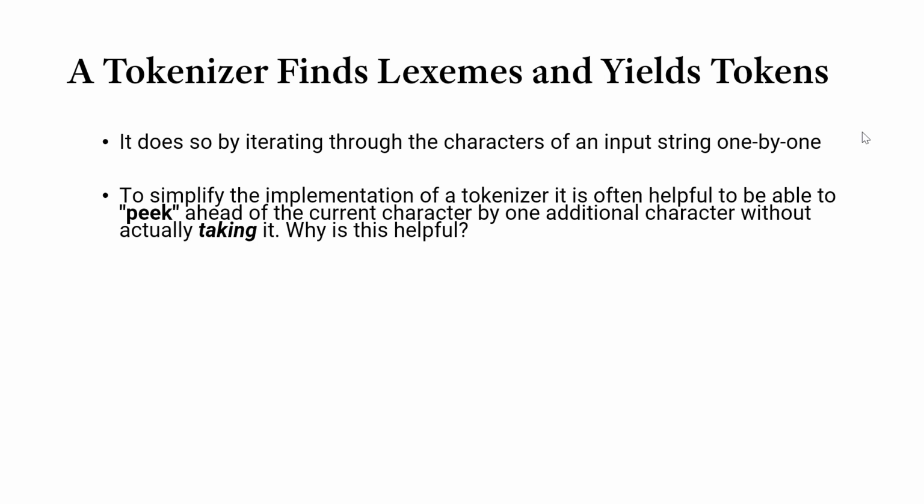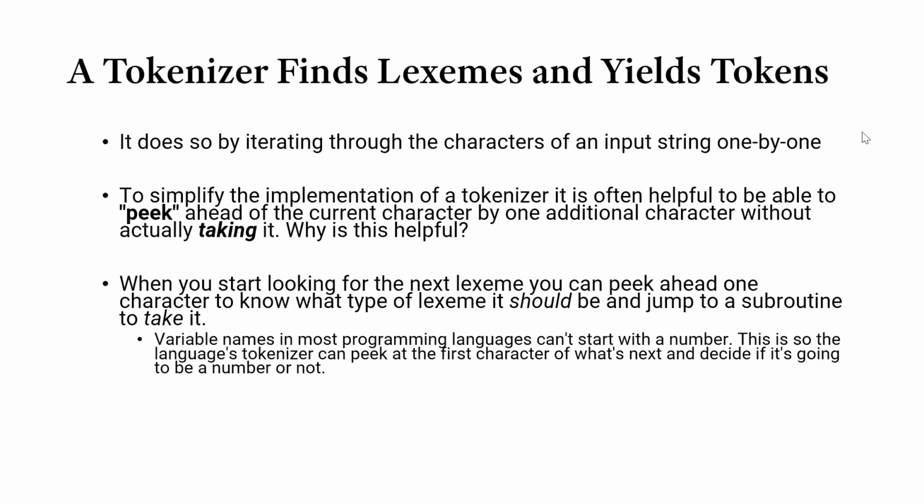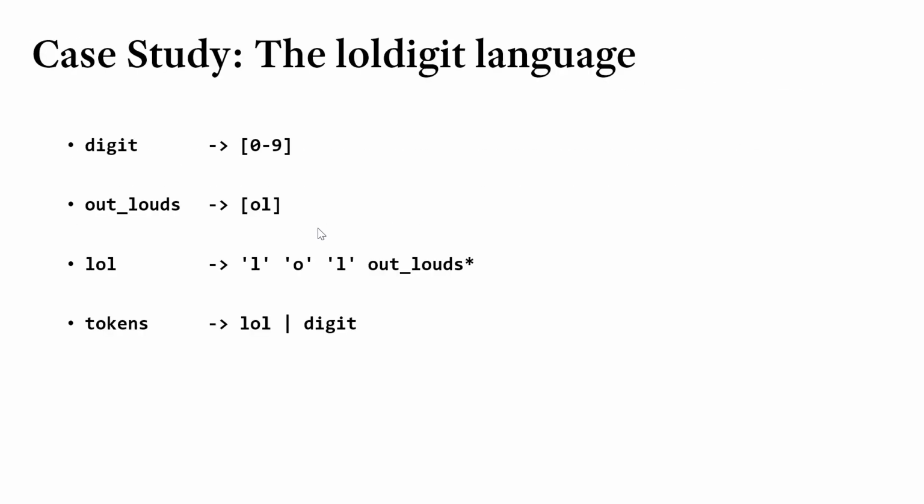The reason we want to peek ahead is we need to know what is the next lexeme I'm about to begin. If we peeked ahead and saw an L, we would know that we're about to process an LOL, and we could run some code to take those characters.